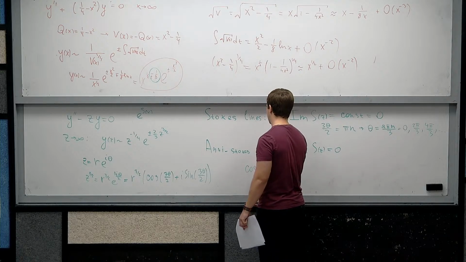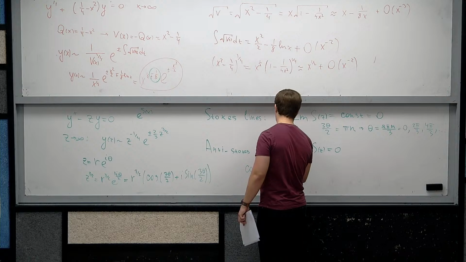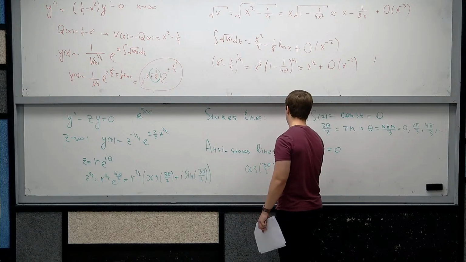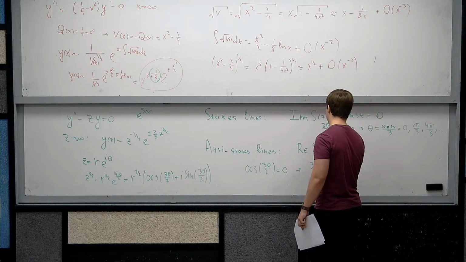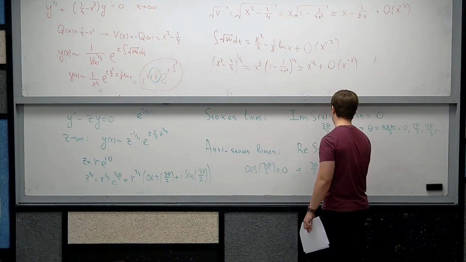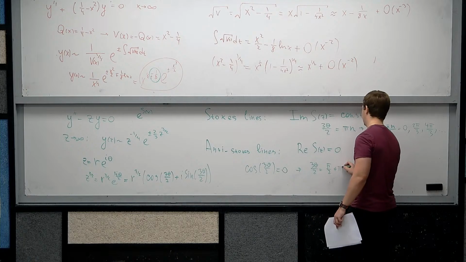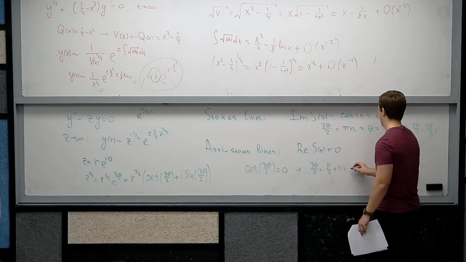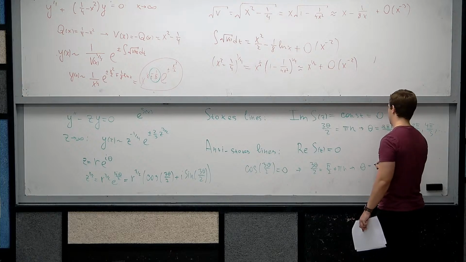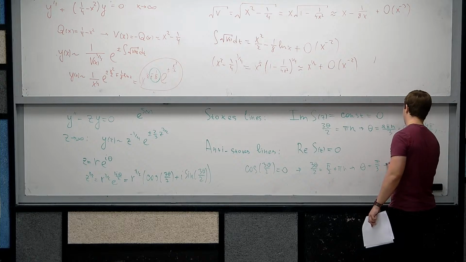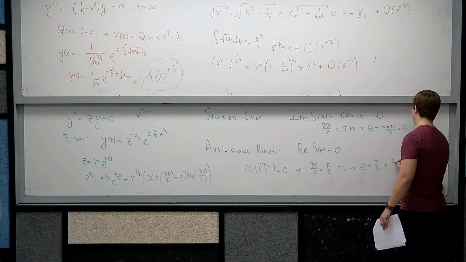So cosine of 3 theta over 2 is 0, then 3 theta over 2 is pi over 2 plus pi n. Then theta is pi over 3 plus 2 pi over 3 n.